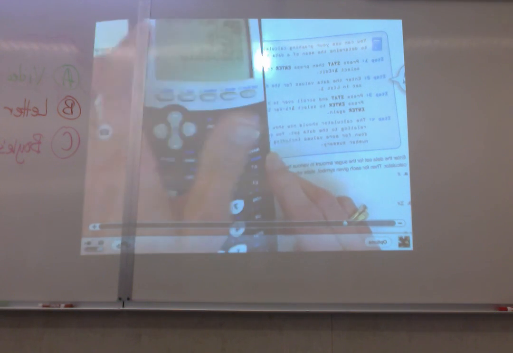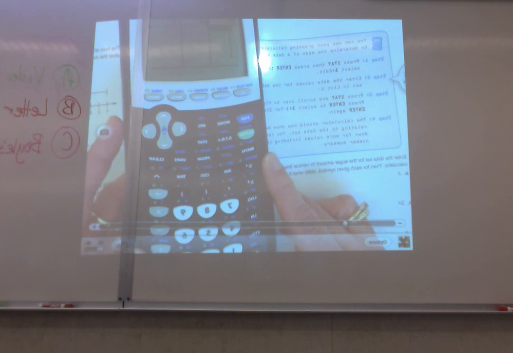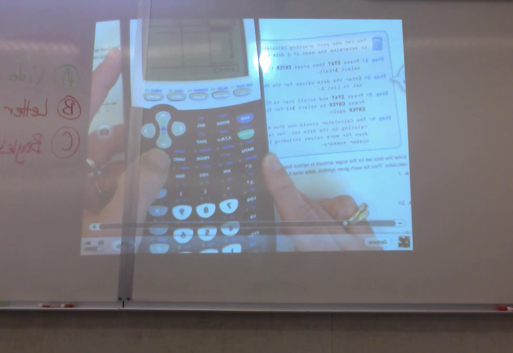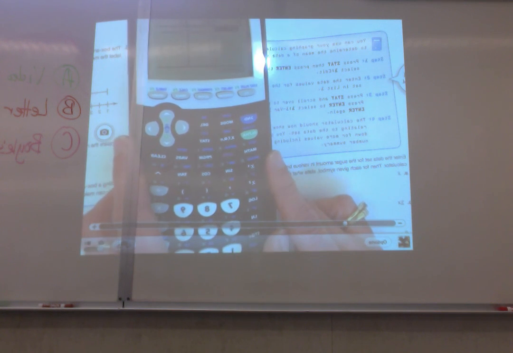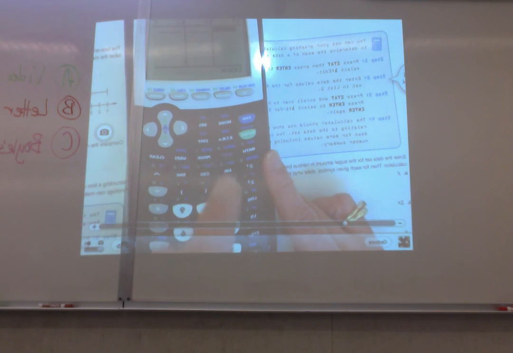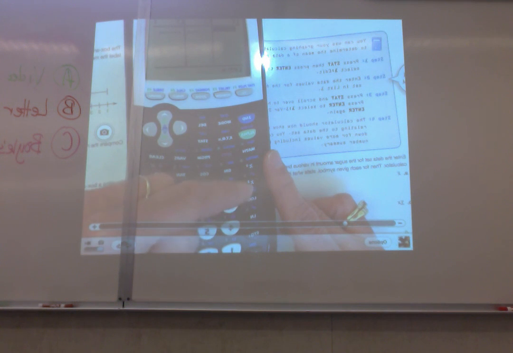Where it says edit, we're going to press enter, and we're going to be able to put our numbers into a list. We've worked with lists before, yes? I've got something in my list, so I'm going to go up to list 1 and clear it. Enter. And then I can put in all of those numbers that I just did, 11 plus 7 plus 10 plus, we can add it into a list.